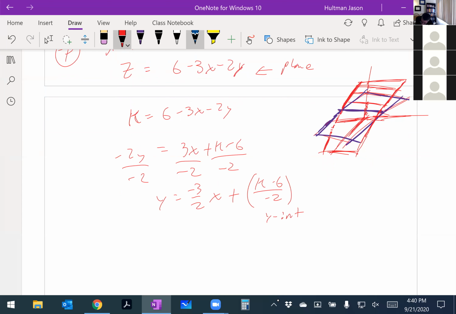Yeah, 2y. It's 2y, not negative 2y. Well, I tossed these guys to the other side. Does that make sense? I think I'm good. Okay, so this is my y-intercept over here, and this is my slope.